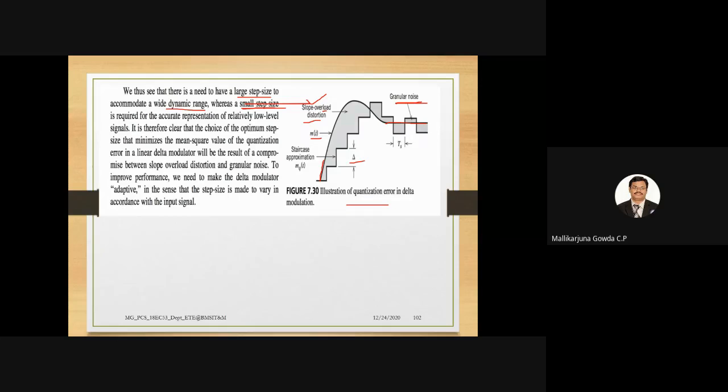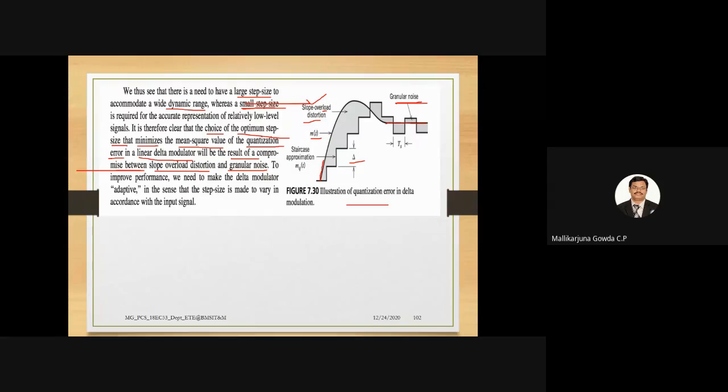Means I will not be able to track the original analog input signal. So the accurate selection of delta is an important and challenging task in delta modulation. What is written here: the choice of optimum step size that will minimize the mean square value of the quantization error in the linear delta modulator will be the result of a compromise between the slope overload distortion and the granular noise.